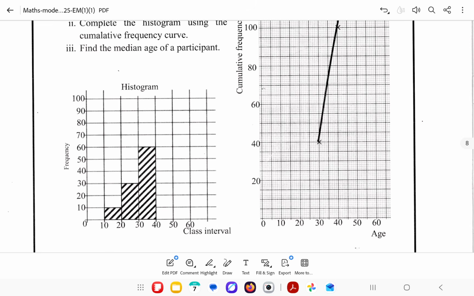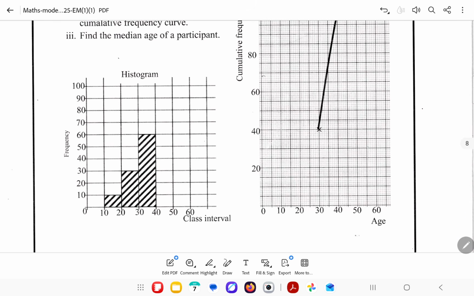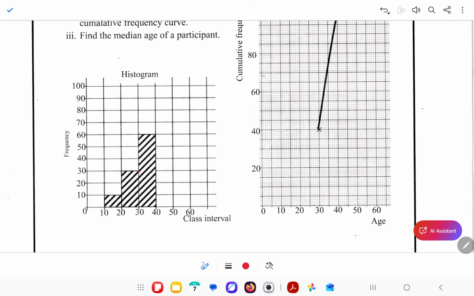So at 30 you have 40. At 40 you have 100. At age 20 you have 10, and at 10 you have 0.